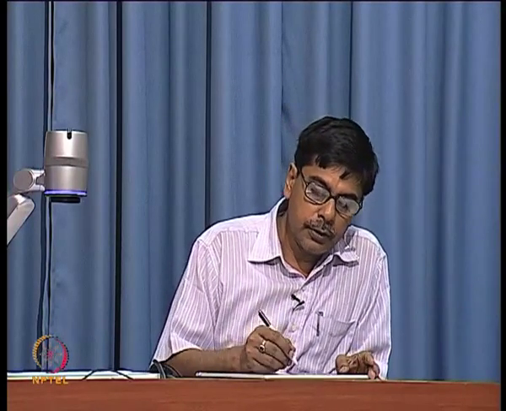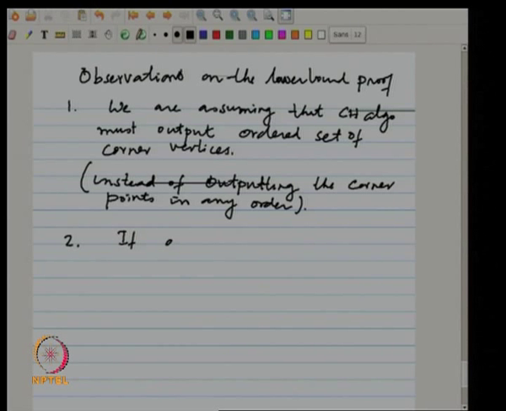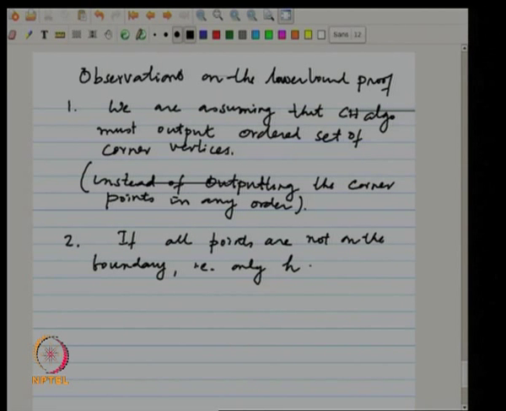And number 2, if all points are not on the boundary, I only have h, where let us say h is much smaller than n, again this lower bound does not give us anything.